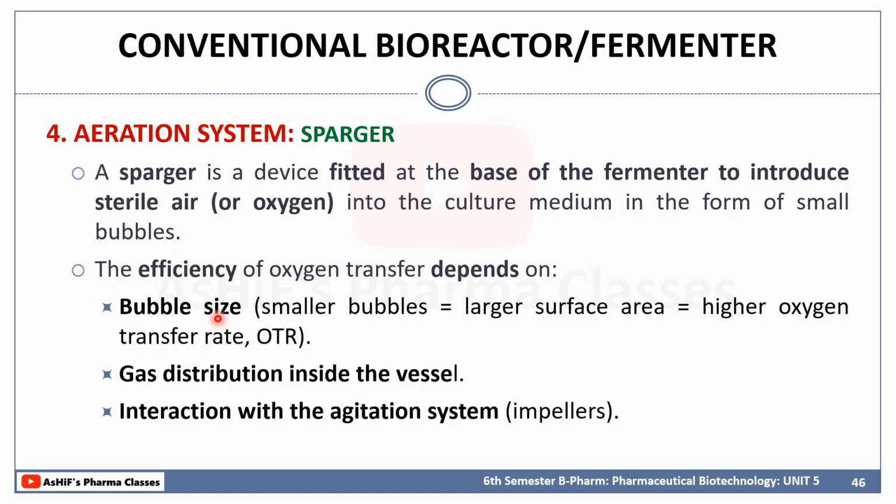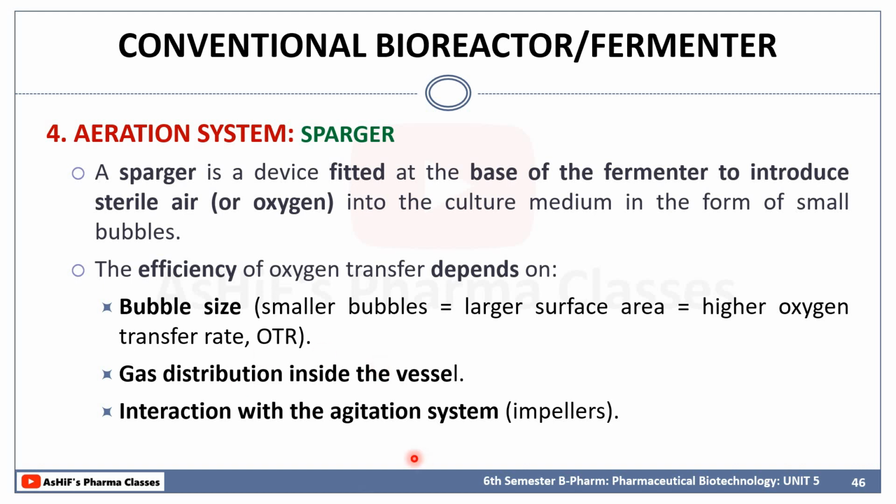One is bubble size. As the bubble size decreases, there will be an increase in surface area, so that there will be higher oxygen transfer. Gas distribution inside the vessel also increases the efficiency. As the gas distribution inside the vessel increases, the mixing efficiency also increases.